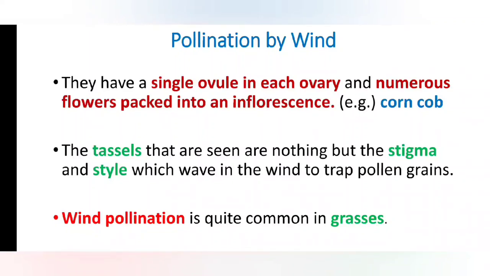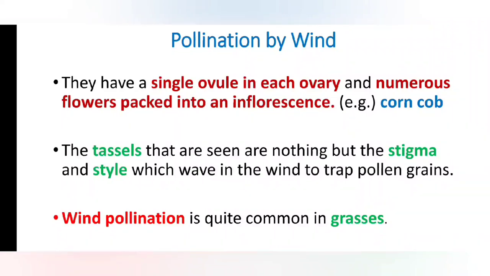These flowers are packed into an inflorescence. Inflorescence is a botanical term in which a large number of flowers cluster together. That is called inflorescence. Example, corn cob.